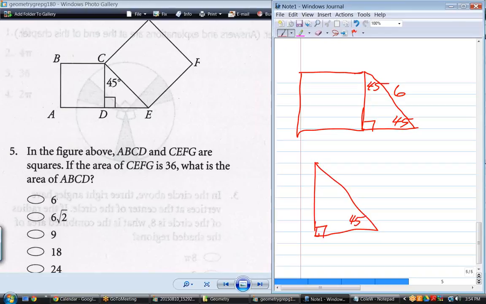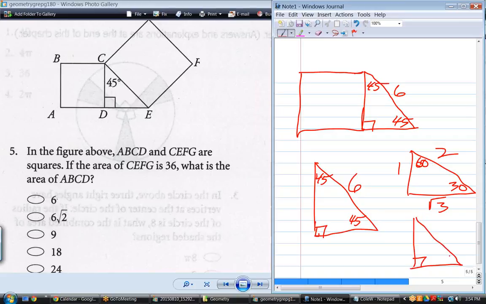45-45, and the way to solve a right triangle when they only give you one side is to refer to the two special triangles. They're only going to do that if it's one of these two special triangles. It's not that one. But it is this one.